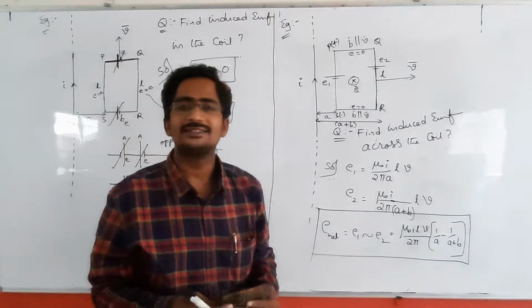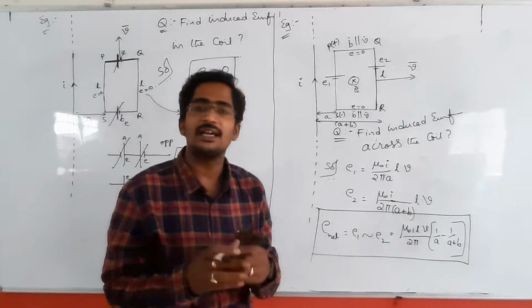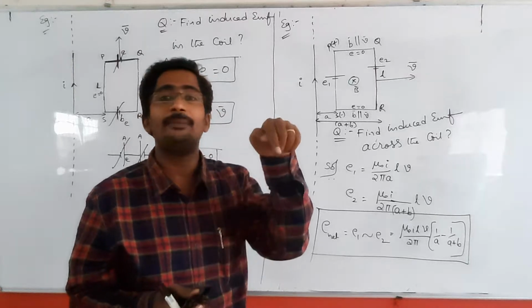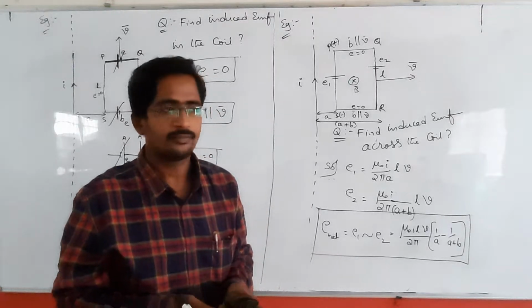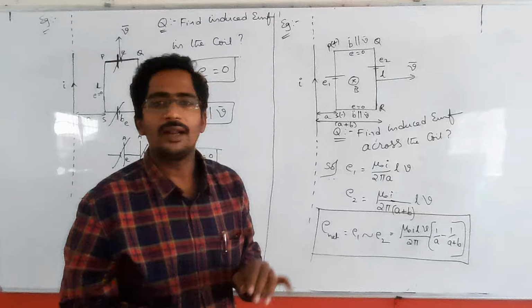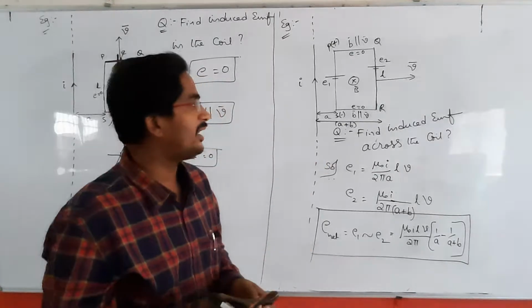Now we are going to discuss induced EMF across a rod rotating in the magnetic field. Across a rod rotating in the magnetic field, that we are going to see here.